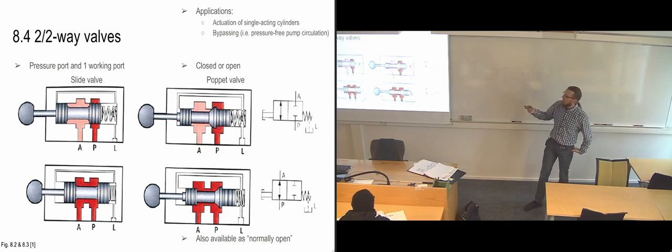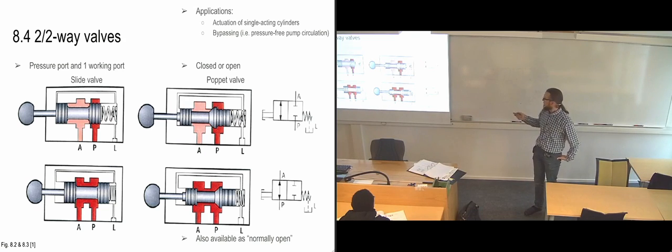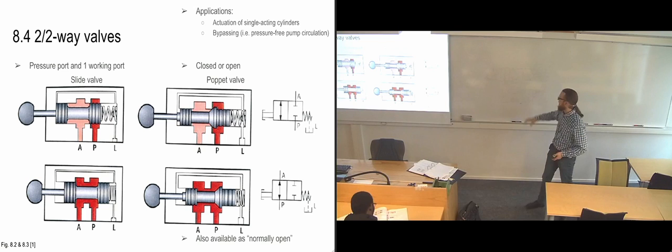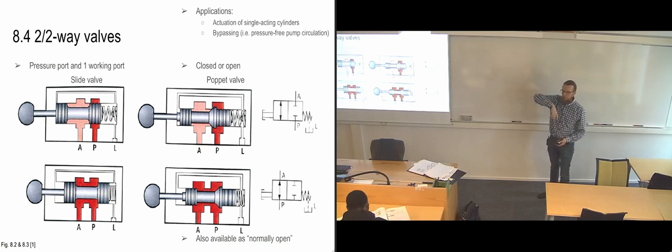You can also have it mounted close to, like, the valve we were looking at before the break, which was closed in the center. Instead of being able to circulate when it was closed in the center position, you can have one of these mounted to bypass this one and send the fluid back to tank.